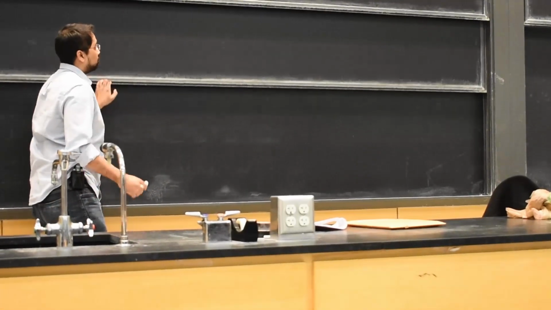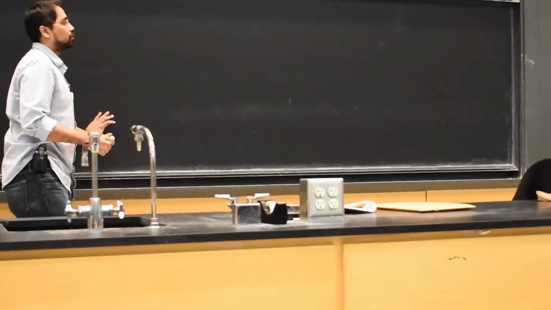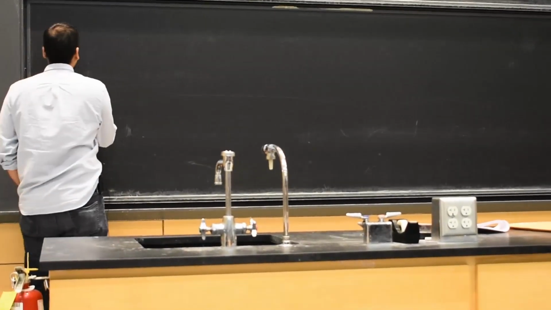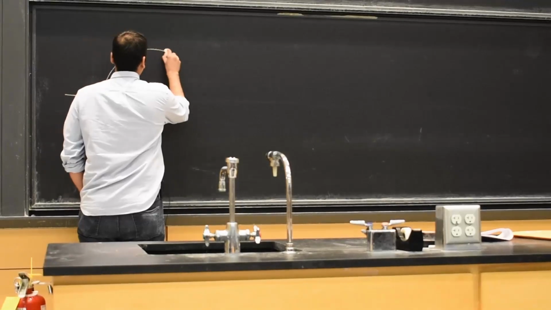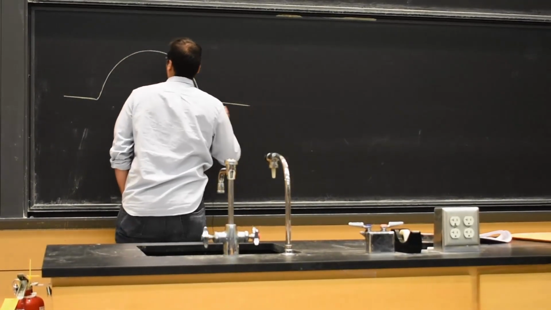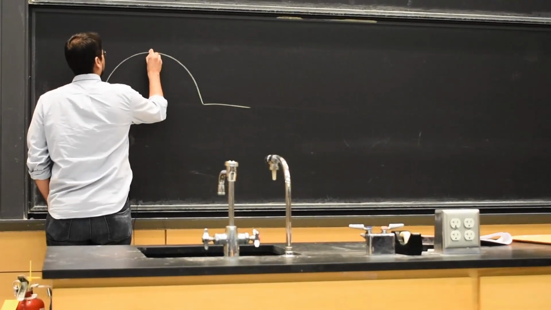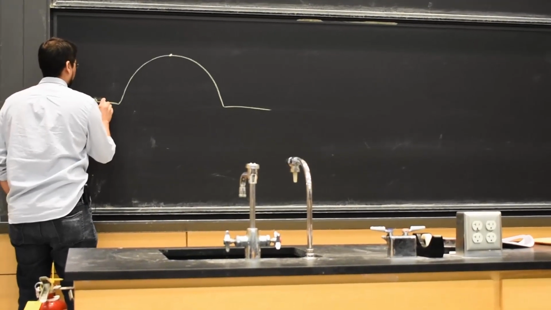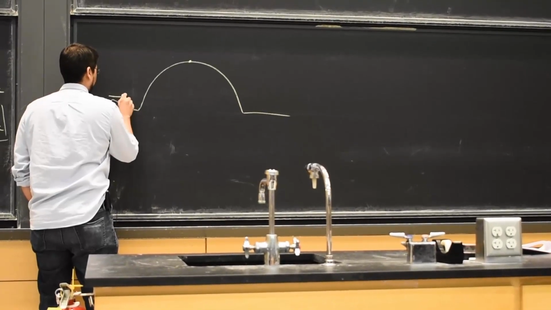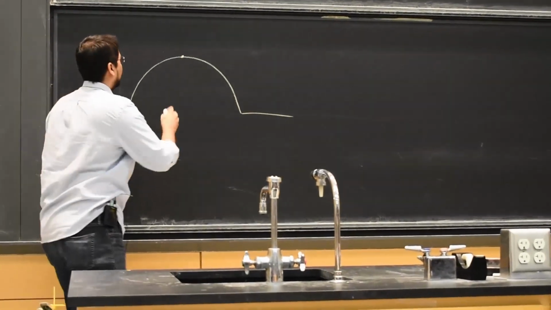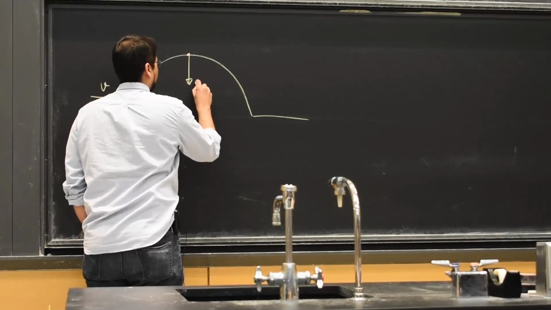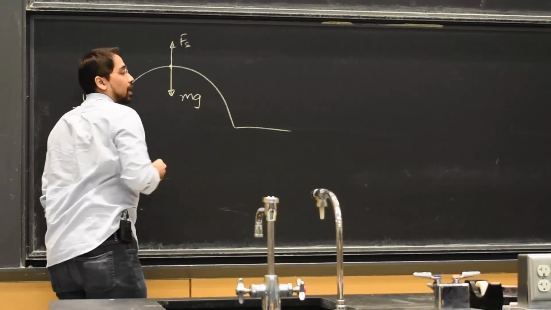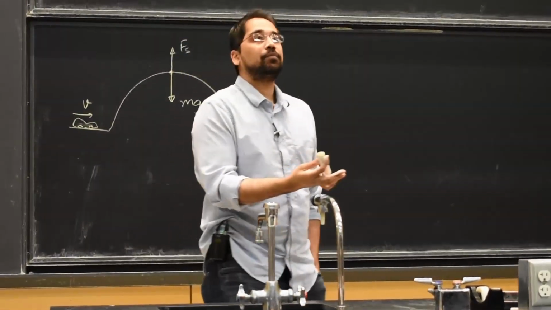You can consider a similar situation, except now you're climbing a hill and you're at the top. Right at the top, I would have mg pulling me down, and the normal force from the ground pushing me up.